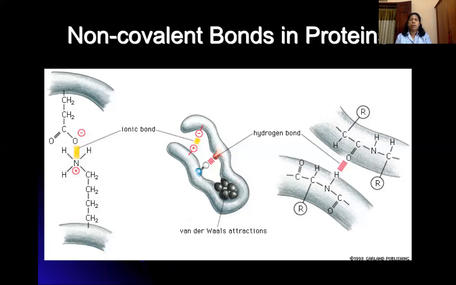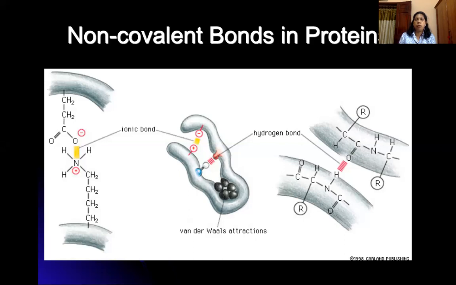Also, because of the van der Waals attraction in the folding, the hydrogen bonds support strengthening this folding, and not only that, ionic bonds also support strengthening this folding. Therefore, the folding can be strengthened by different things: van der Waals attraction, hydrogen bonding, as well as ionic bonding.